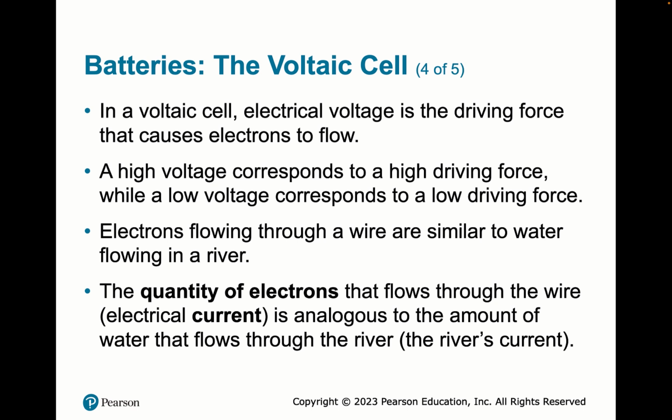You can have a very slowly moving stream, or you can have really ripping rapids that you jump into and they just take you. The really slow moving stream would be a low voltage. The very powerful rapids would be high voltage. The voltage is the oomph behind it.